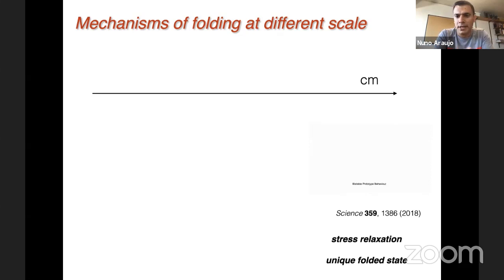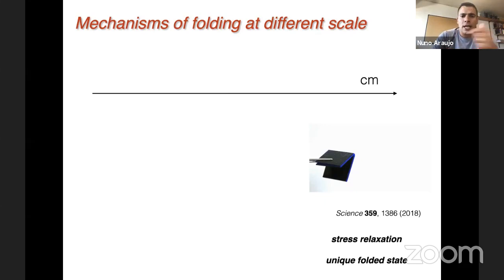We are talking about contact mechanics, and the mechanisms of self-folding are typically related to stress relaxation. Since thermal fluctuations are negligible at this scale, the folding trajectories are unique, and we only have one folded state, which is deterministic.